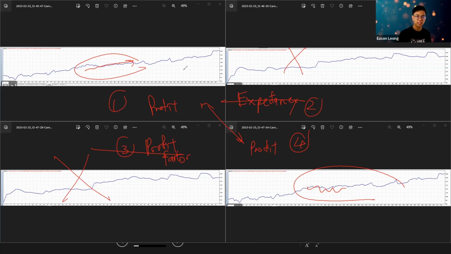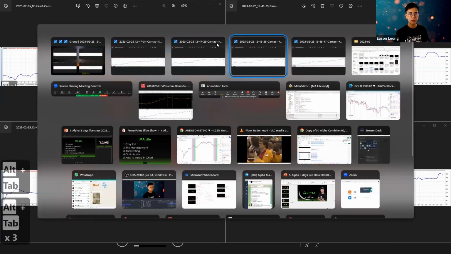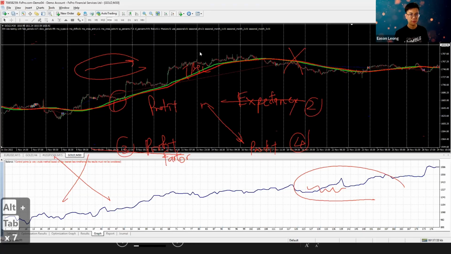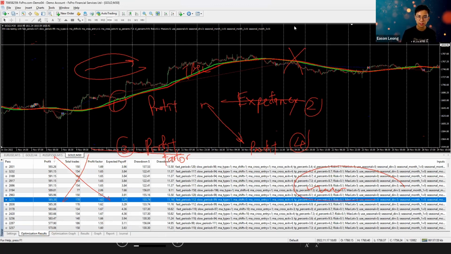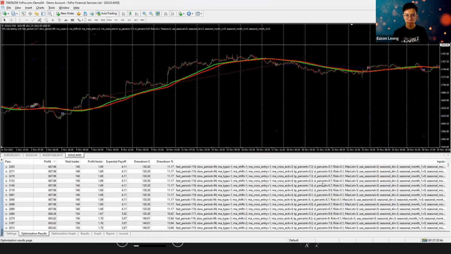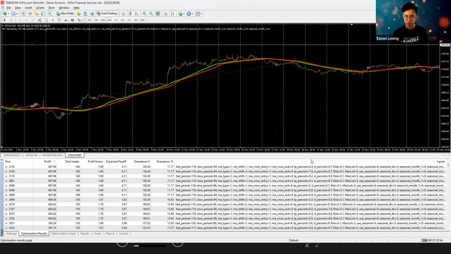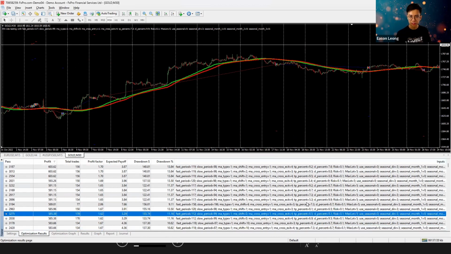But then the problem here is that the TP is very huge. So you can actually do more fine search for the setting itself to see if you get a better option from here or not. Alright. So you can see, look at the take profit percent here. Okay, just look into here, profit percent.